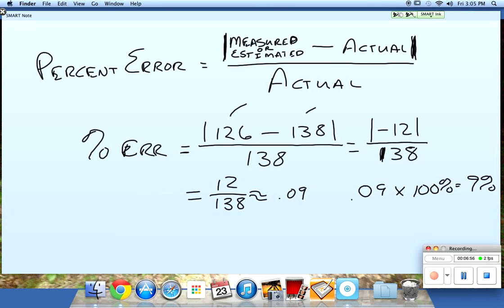So let's say we estimated we were going to count all these nuts and bolts that are in this box, and we estimated it to be 126. But when we actually counted it, we found it was 138. We would have been off by 9% in our estimation. That's what percentage error is.